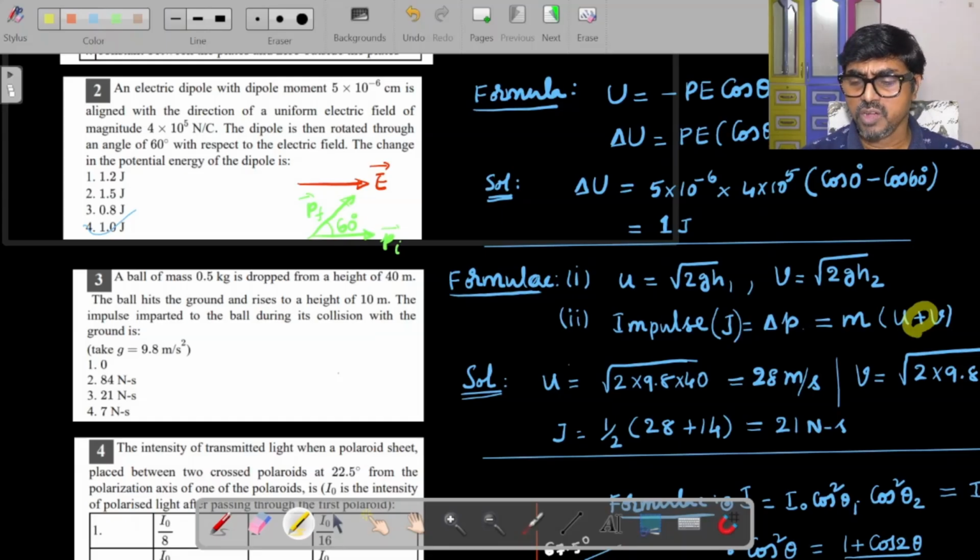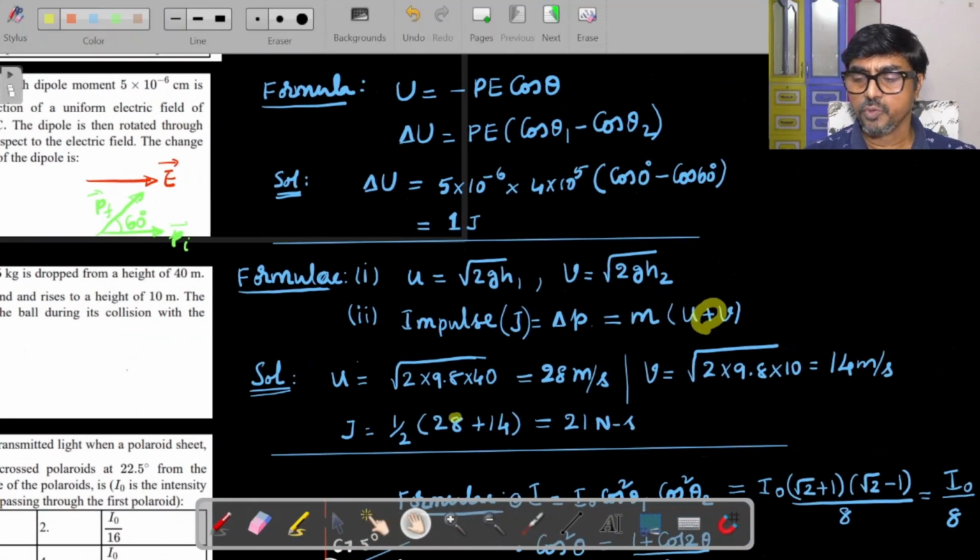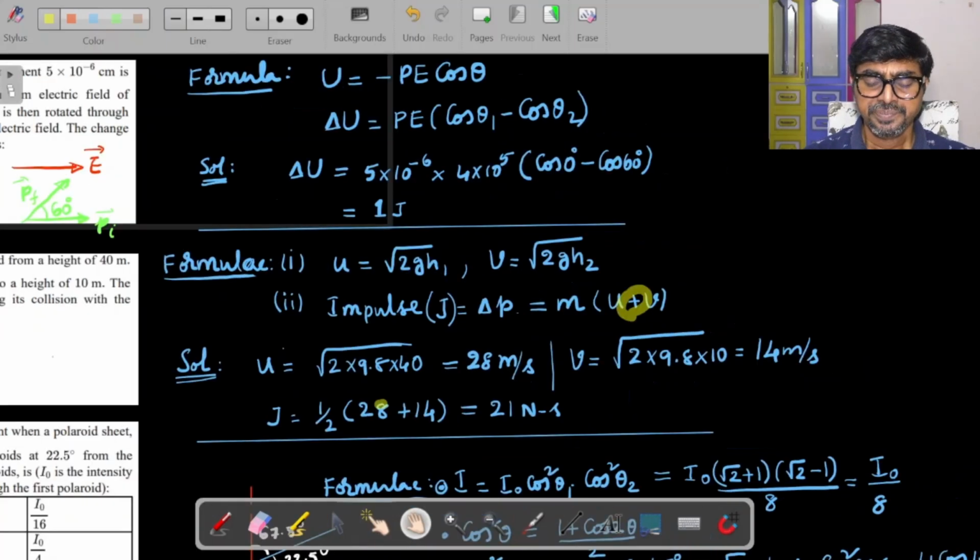Now substitute the values of u and v, root 2gh1. g they had given as 9.8, you take that, and calculations are coming nicely here. u equals 28 meter per second and v is equal to 14 meter per second. Simply substitute there: 28 plus 14 is 42, divided by 2, 21 newton second.